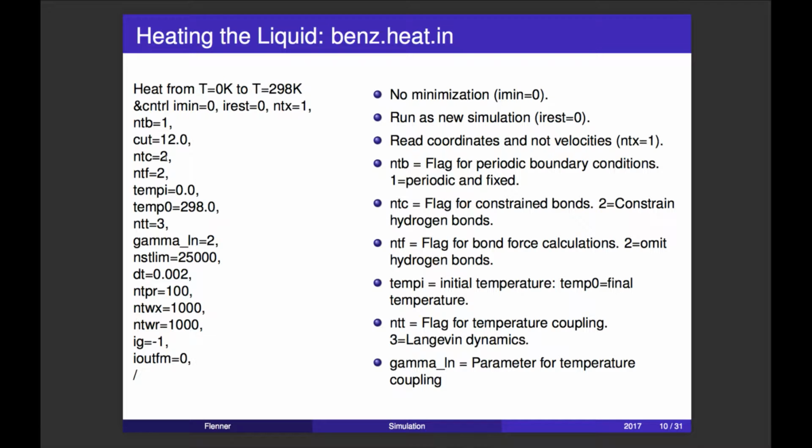NTC is a flag for constrained bonds, and here we're going to constrain the hydrogen bonds. Now, why do we do that? Sometimes you do simulations where you allow all the bonds to fluctuate. Sometimes you constrain bonds, and some bonds you just have at a fixed length.